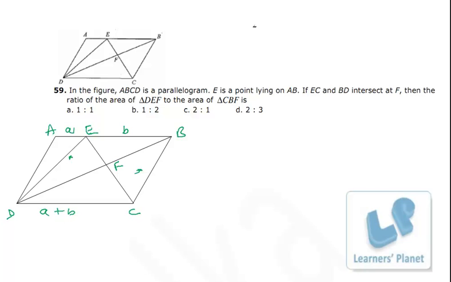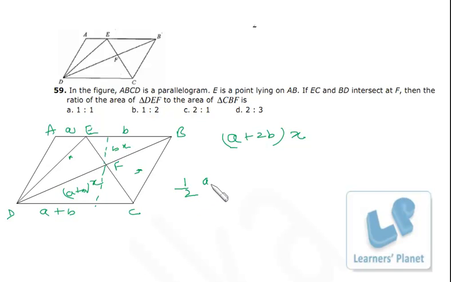Now since the side ratio of these two triangles is B and A plus B, the altitude will also be in the same ratio, right? So suppose this is BX, this will be A plus B X, right? This altitude and this altitude. So the total altitude of this parallelogram will be A plus 2B X. Okay. Now the area of triangle DEC will be half base into altitude.